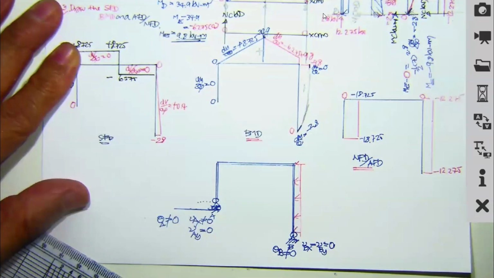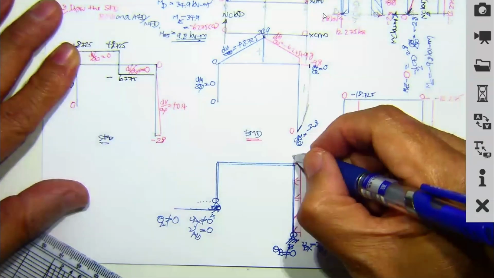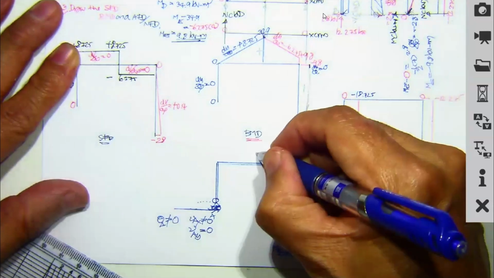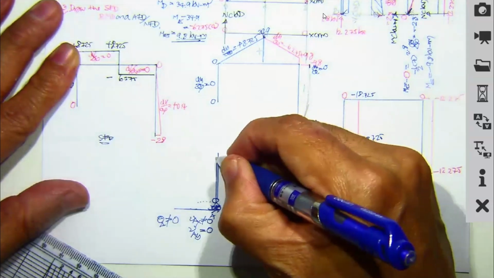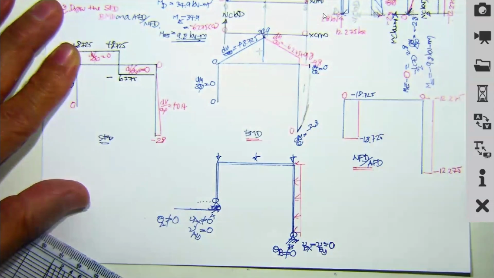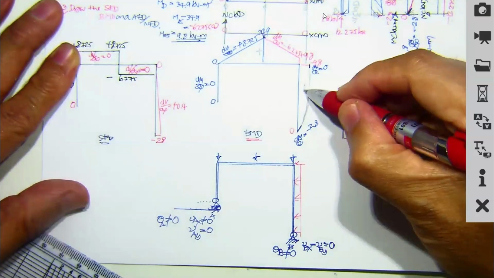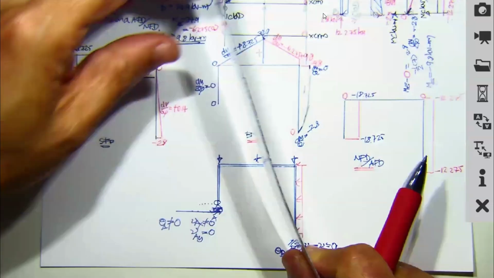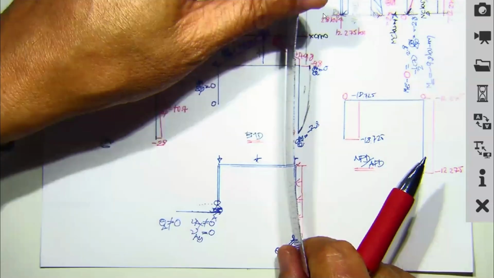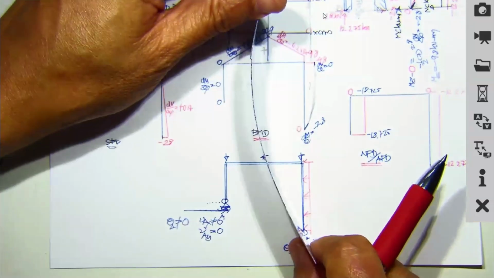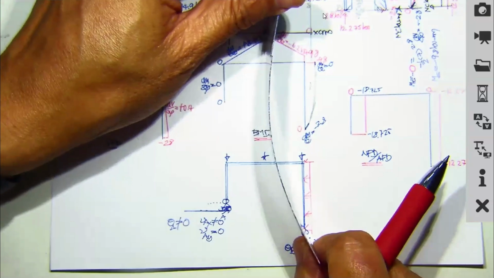Now, due to the application of the lateral load, the frame is subjected to this one. So if you put this one, you bend it. This one should move like this one.